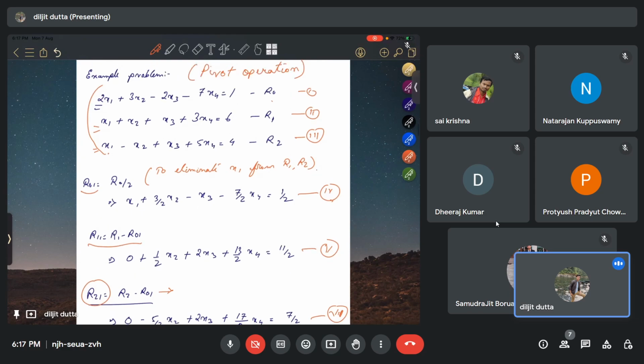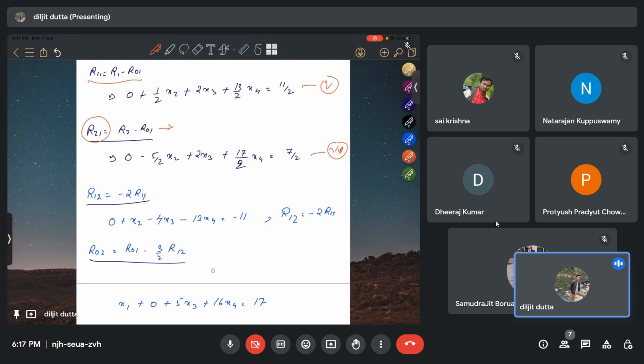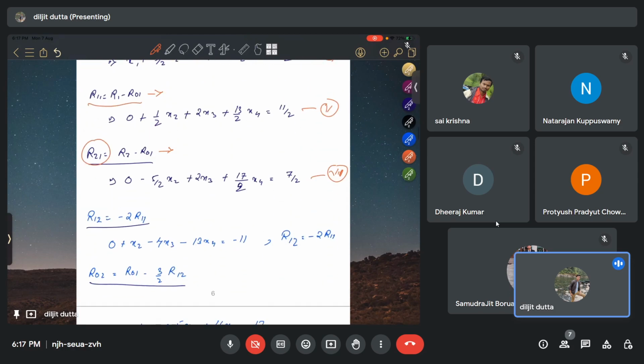Now to do the pivot operation for the second variable, x2, we will need the coefficient of x2 as 1 in the second equation, and for the first and the third equation we will need the coefficient of x2 equal to 0. So we will again do one row operation where R12 is equal to minus 2 into R11. So this is R11. If we do minus 2 into R11, we will get this equation.